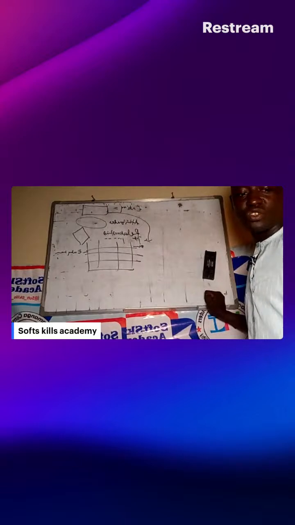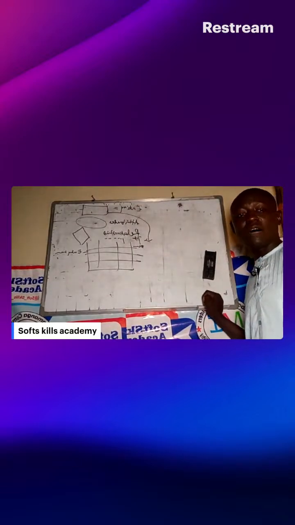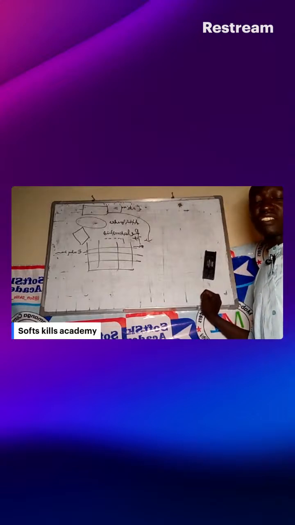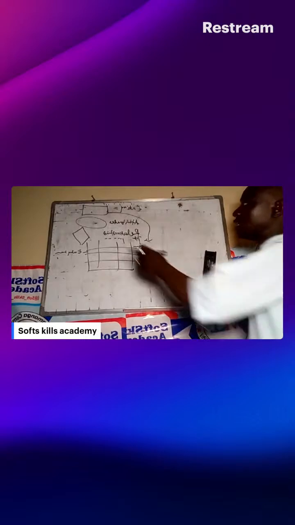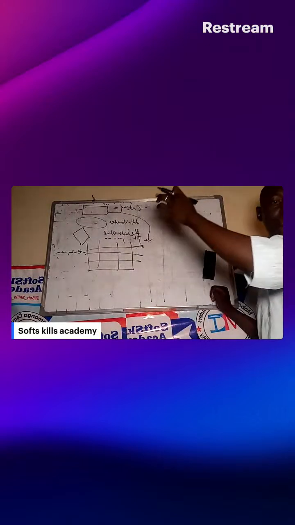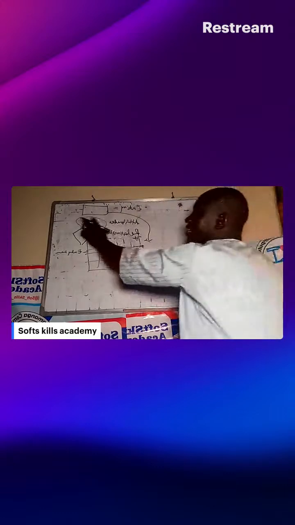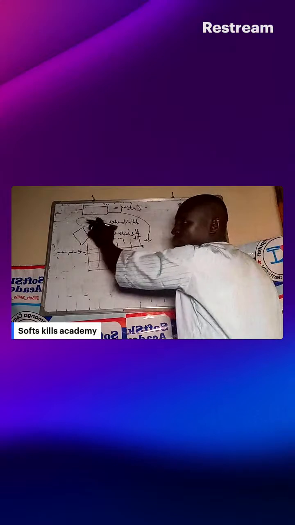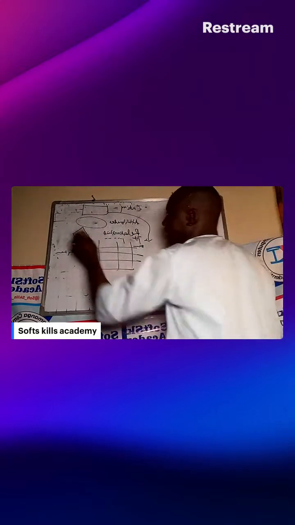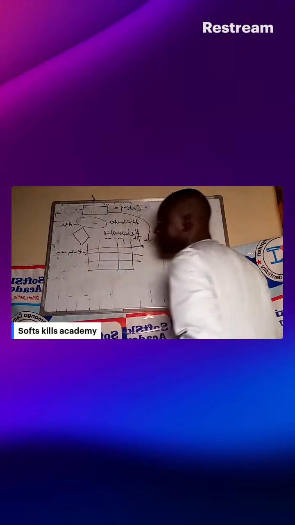So going forward, the key components we need to know in our entity relationship model: we are going to have a simple attribute, and we are going to have a composite attribute. That is, if you're talking about the attributes here, right? The simple attribute is an attribute that cannot be further divided. Like, for example, if you have age, can this age be further divided?